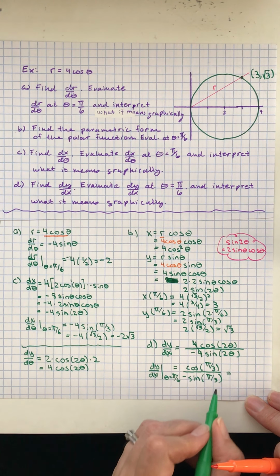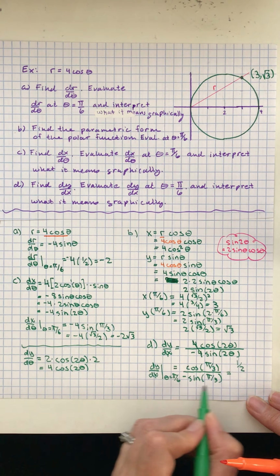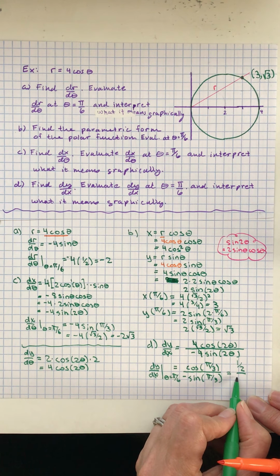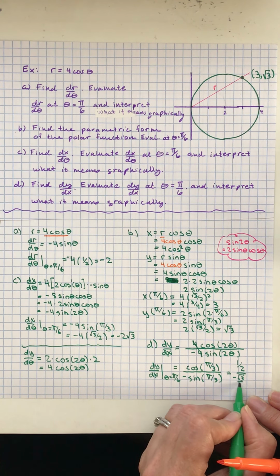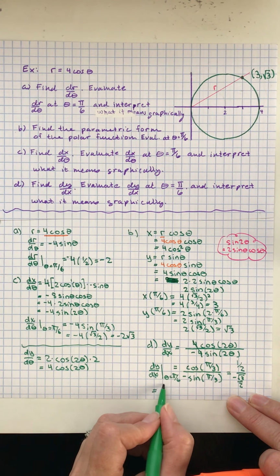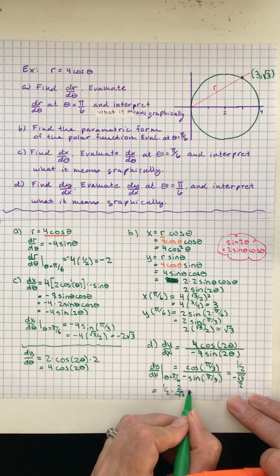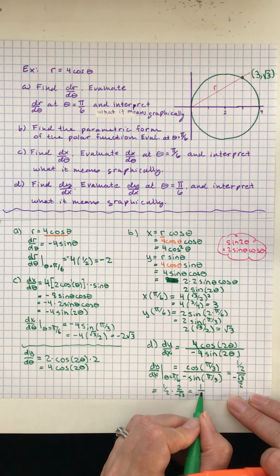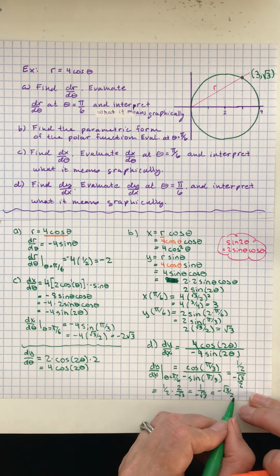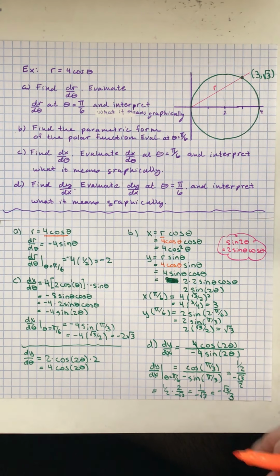And so this equals, the cosine of pi over 3 is 1/2, and the sine of pi over 3 is √3/2. And if we do that division, we end up with 1/2 times 2/-√3, or 1/-√3, or -√3/3 would be the slope of the line tangent to the graph right here.